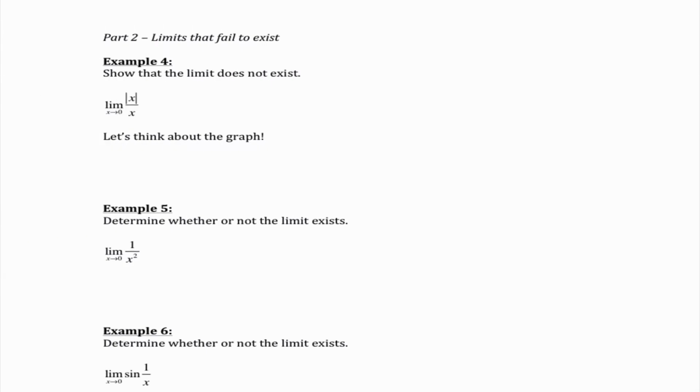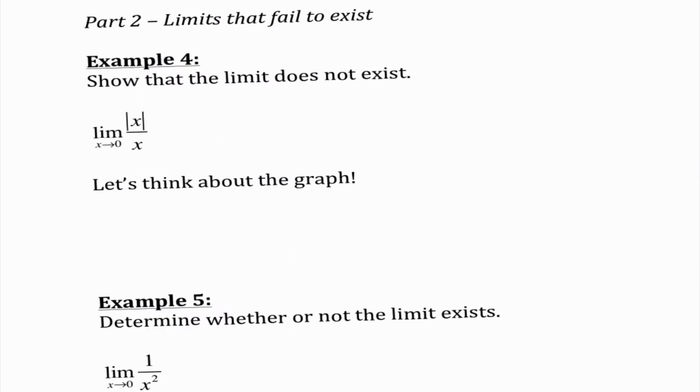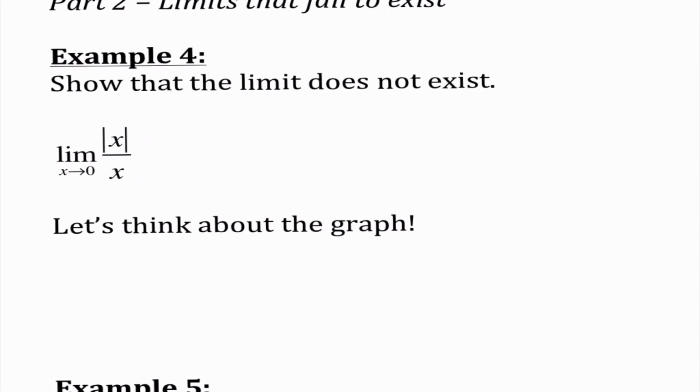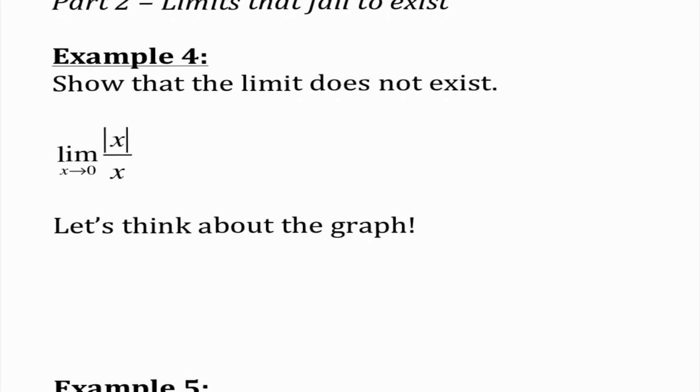So as we saw from our calculator, with this particular graph, we were approaching different numbers from both sides. So we're going to go ahead and say the limit as x approaches 0 of the absolute value of x over x equals DNE, because, and I want to stress, we never just say DNE on our own.